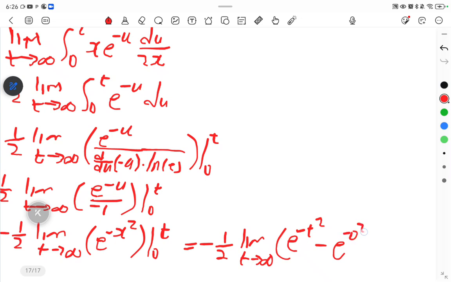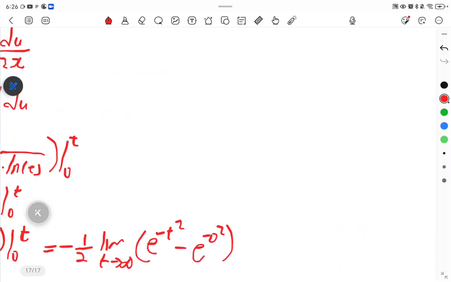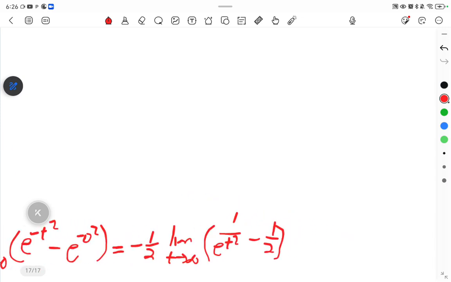And this would be minus 1 over 2 the limit as t approaches infinity of a to the minus t squared minus 1, all over 2. You see, right? When I apply the limit here, this will become 0 minus 1 over 2.